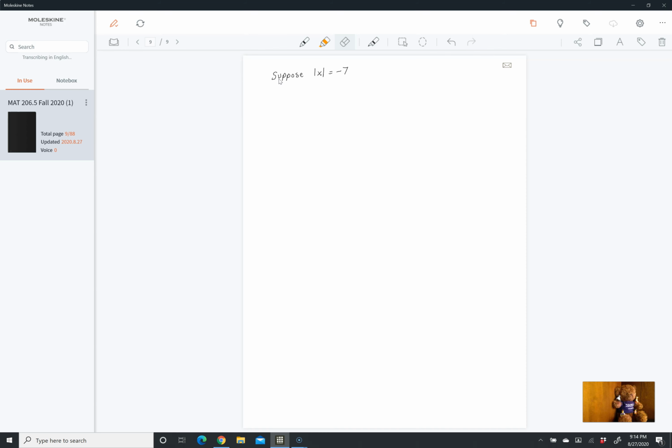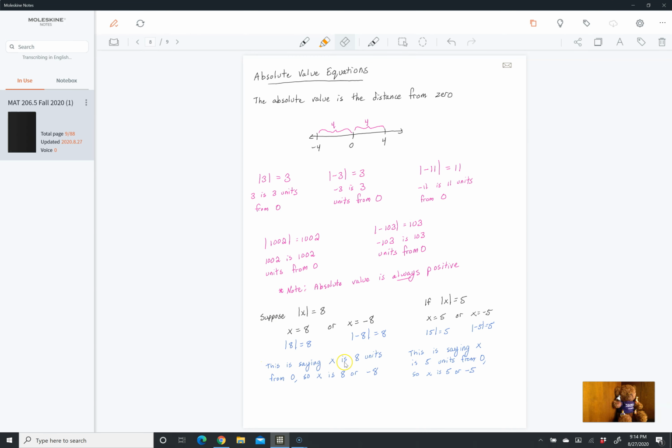Wait to think about that for a second. We're saying the absolute value of x is equal to negative 7. That means that x is negative 7 units from 0. That's not possible. Absolute value isn't negative, okay?